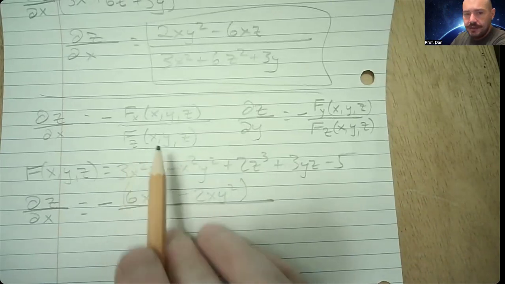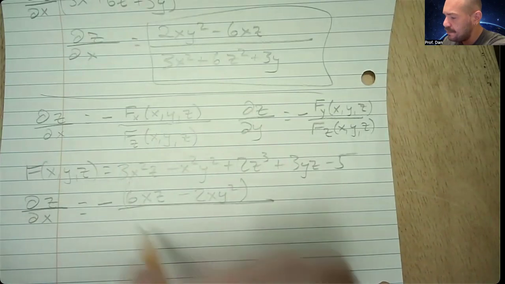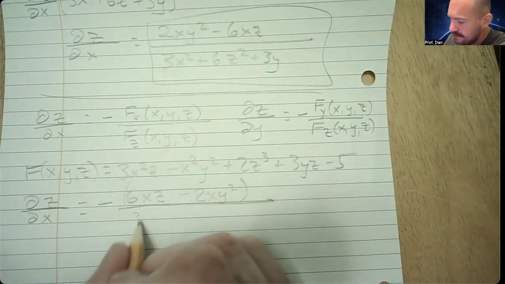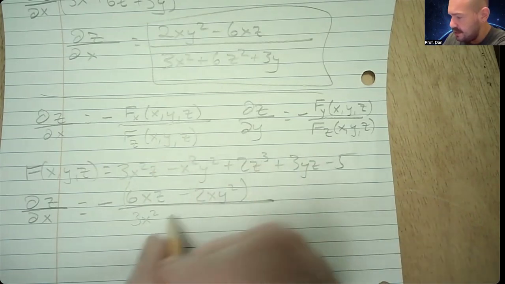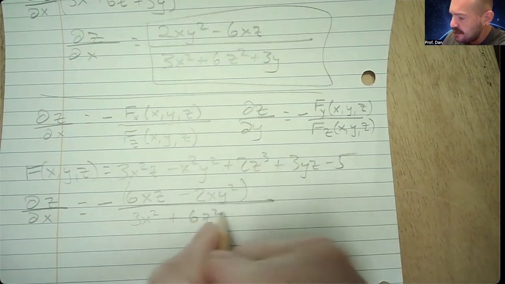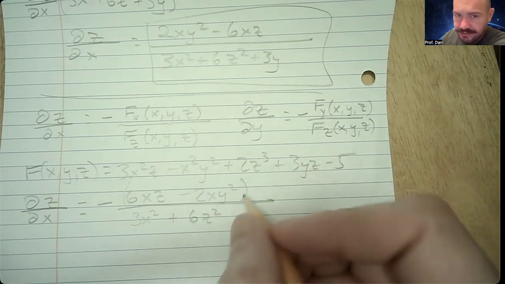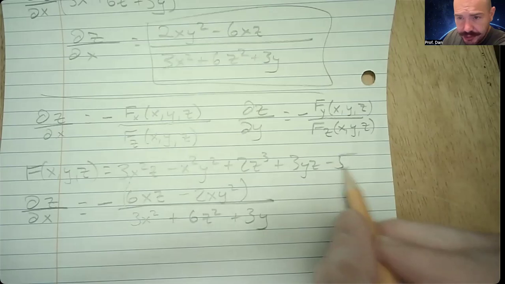Then in the denominator, we take the derivative with respect to z. So 3x squared, right? Because that's a number times z. This doesn't involve z, so derivative is 0. This will be 6z squared. This will be 3y. And that's 0.